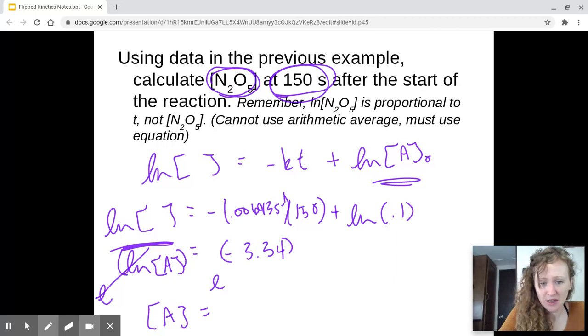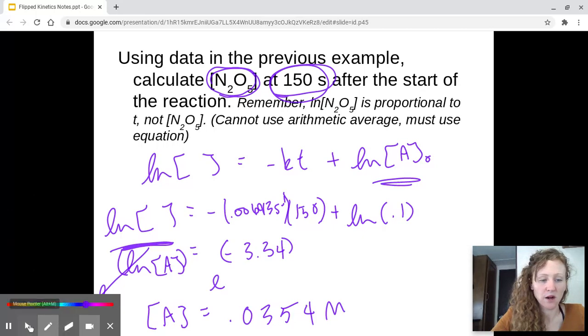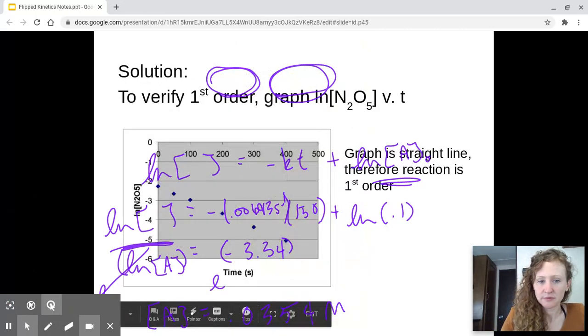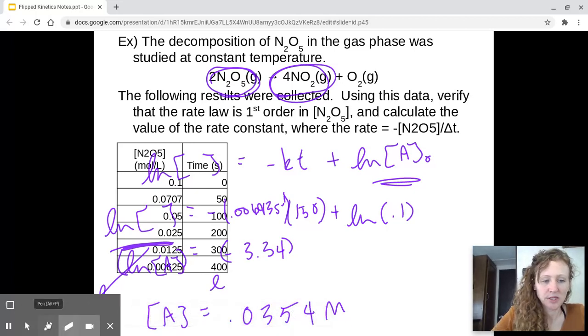Maybe. 0.0354. Okay, so let's go look and see if this is reasonable. I mean, it's less than our initial amount. That's a good start. So 0.0354. Ugh, let me erase this. 0.0354.